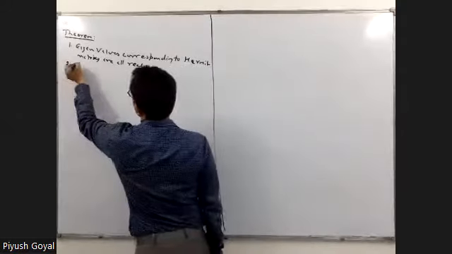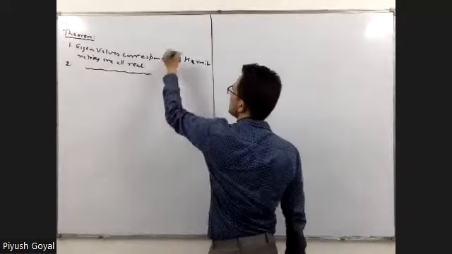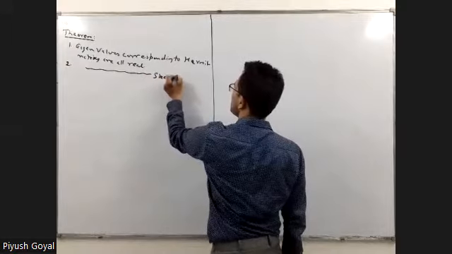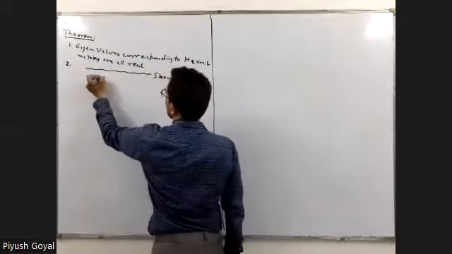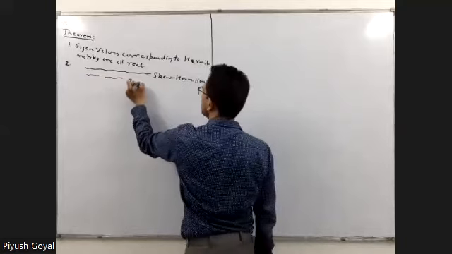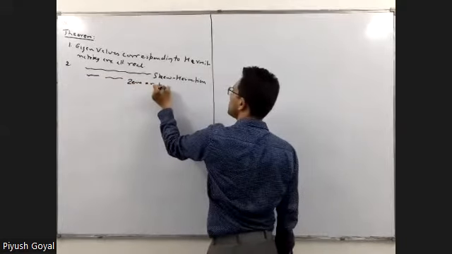Then second is eigenvalues corresponding to skew Hermitian matrix are all zero or purely imaginary.